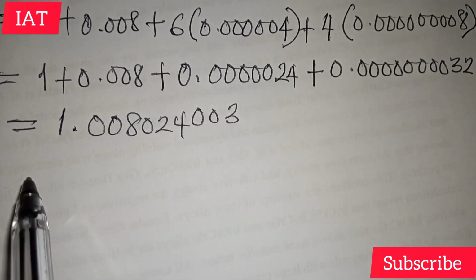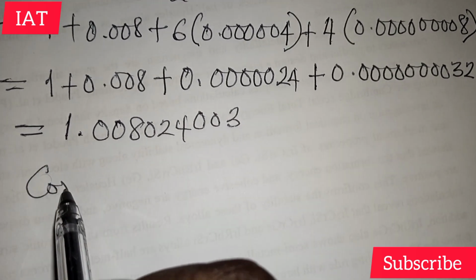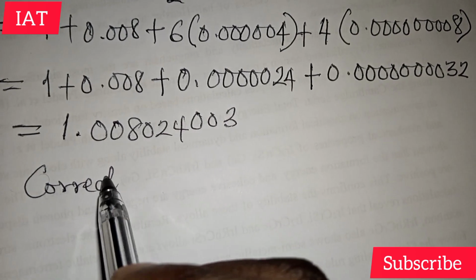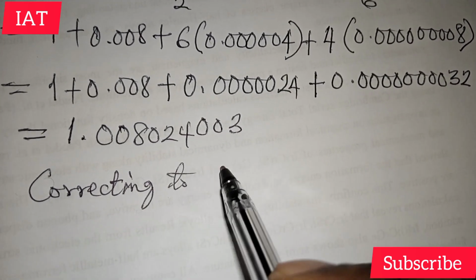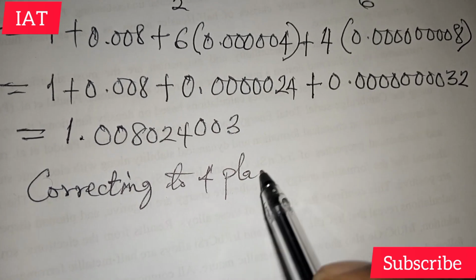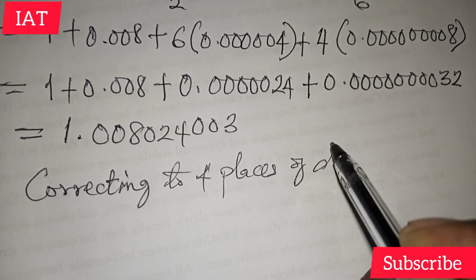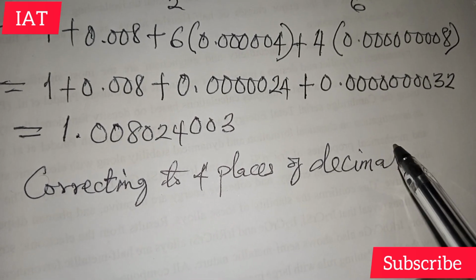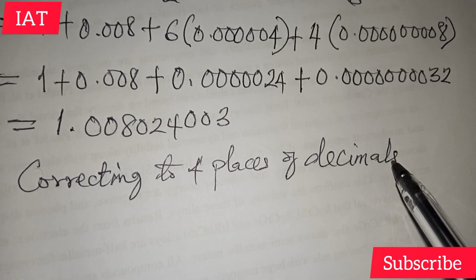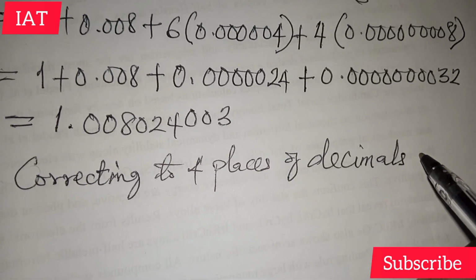But keep in mind that the instruction says that we should correct the answer we have to 4 places of decimal. So what do you think? Can you pause the video for 1 second and do the correction to 4 places of decimal? Let's see if you can fix it right away.